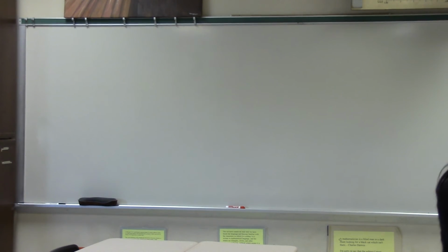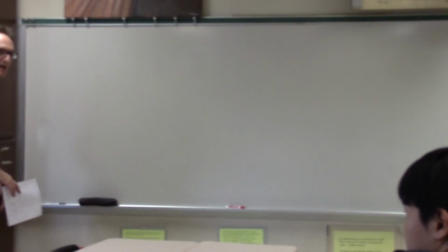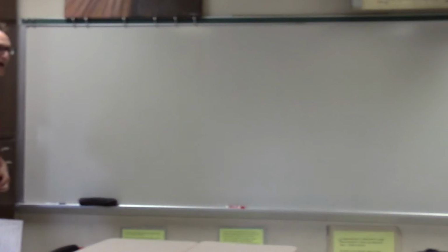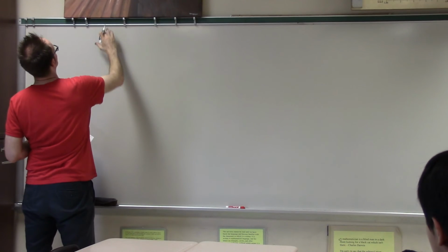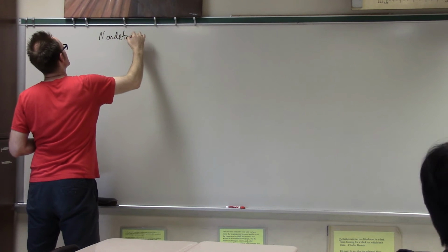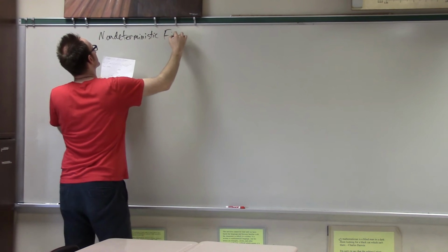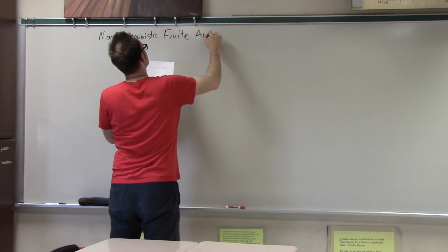And it turns out that though we could do this with a finite automaton, it's much easier if we allow ourselves a slightly more powerful kind of automaton, which it turns out is actually not more powerful. We call these non-deterministic finite automata.